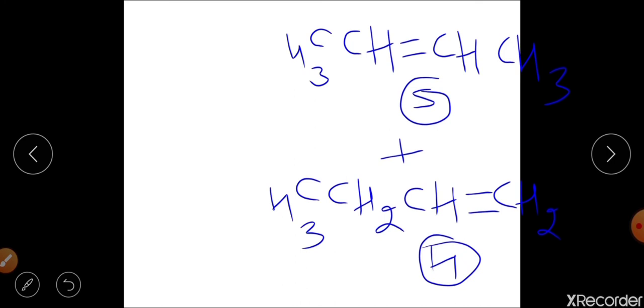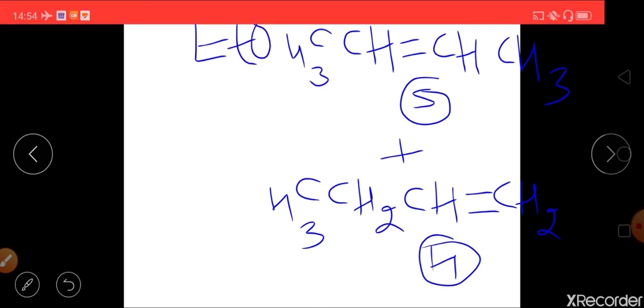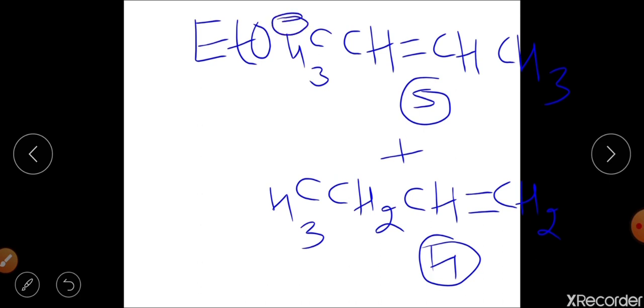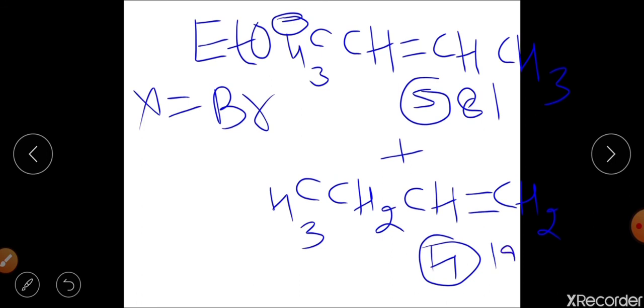Now as we have the leaving group X, and the base which we use in this reaction is EtO negative, right? This is the base that we have utilized. When the X group is Br, the S product will be 81% and the H product will be only 19% if we are using bromine as a leaving group.